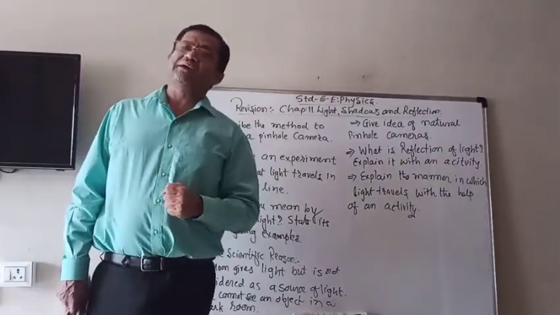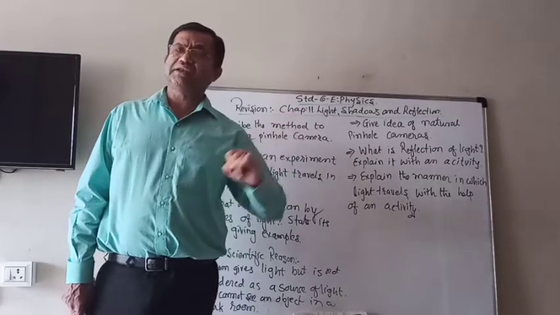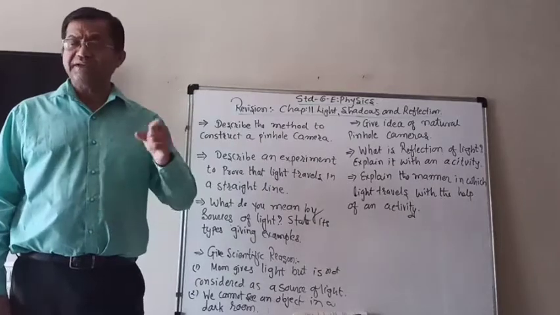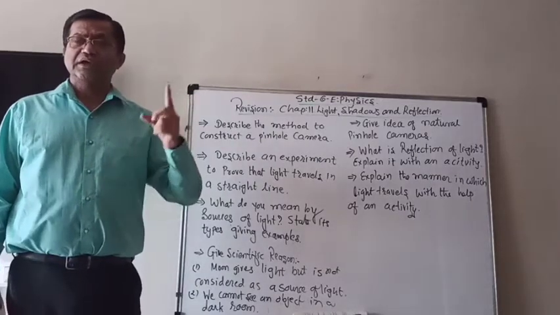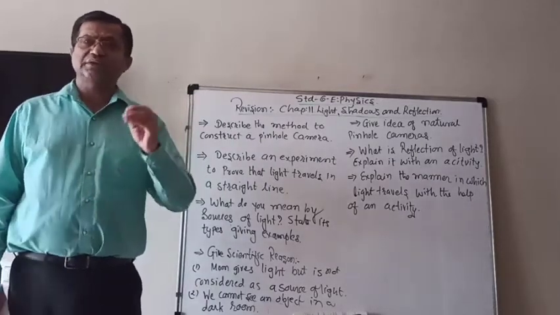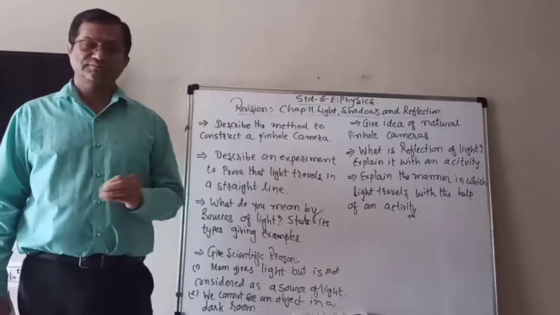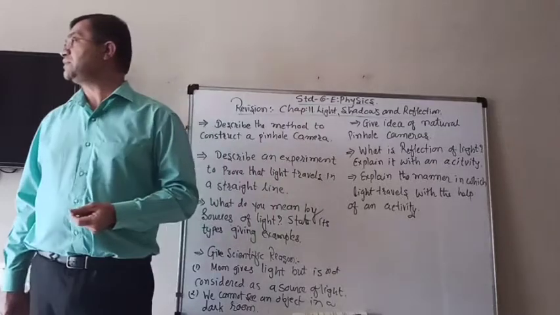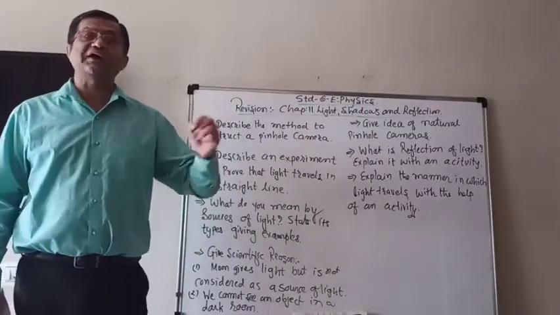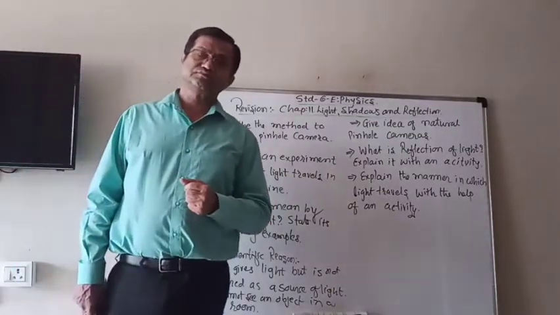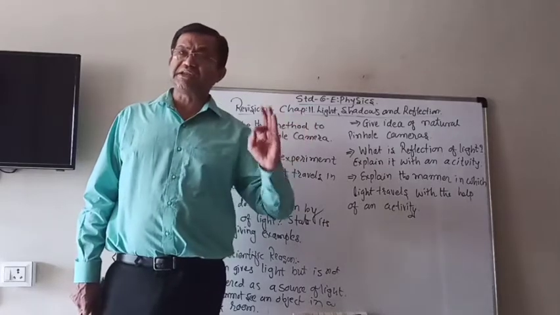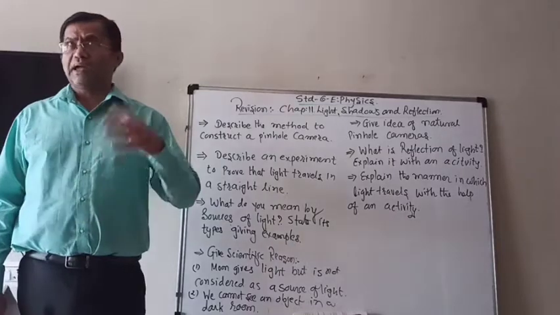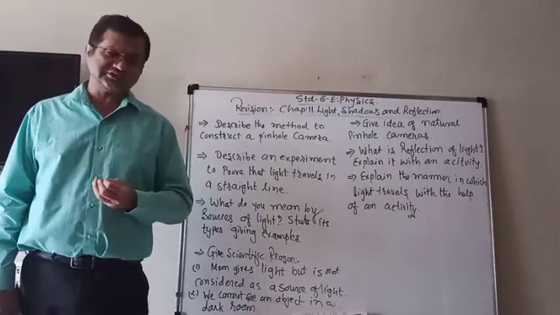Natural sources of light are the sun, stars, and, if you remember those worms that we see during the rainy season, those are the fireflies. Those are the natural sources of light. And the others are the artificial ones.